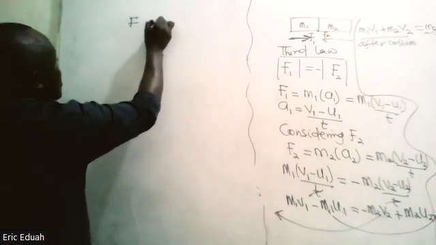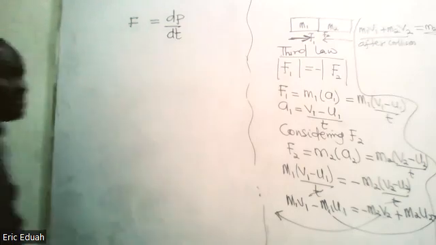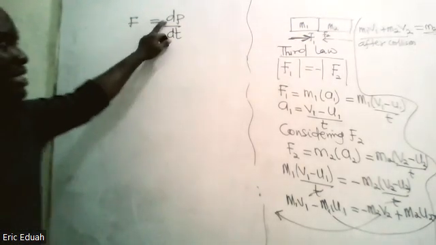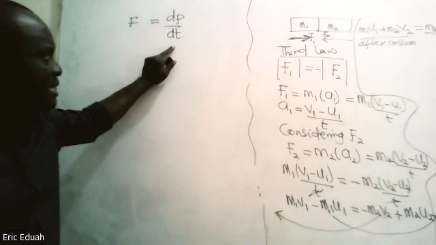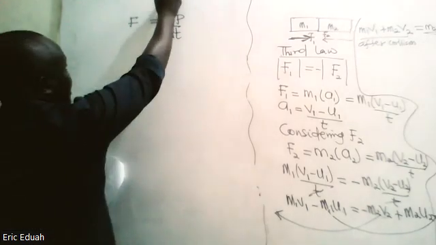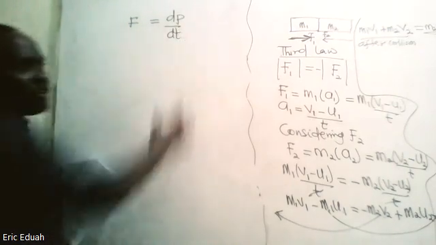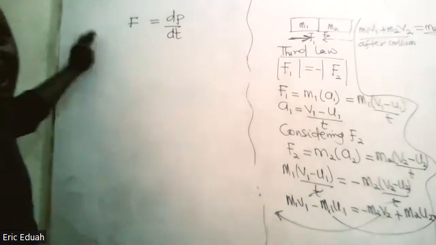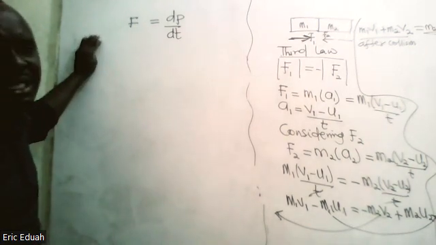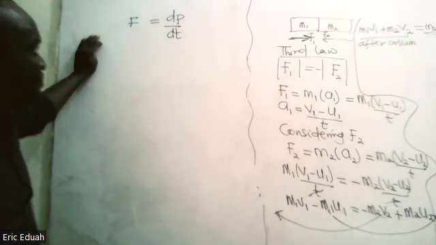So F is equal to dp on dt. dp is the change in momentum, dt is the change in time. So when we consider two masses, m1, m2, the sum of the rate of change of their momentum must always be conserved, okay, when there is a force F acting on the body.